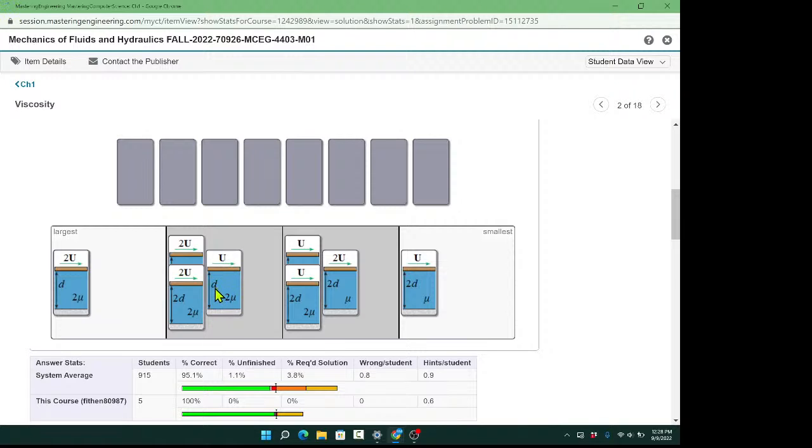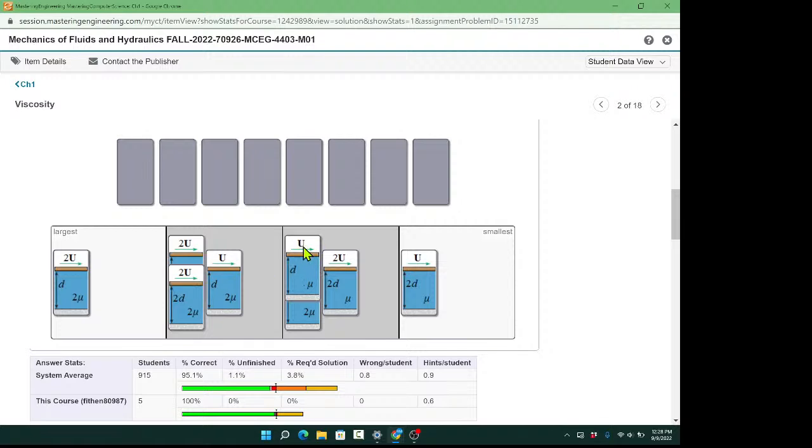So u divided by d times 2 mu is going to be 2 times u over d times mu. So the coefficient will be 2 here, 2 here, 2 here, and 4 right there.